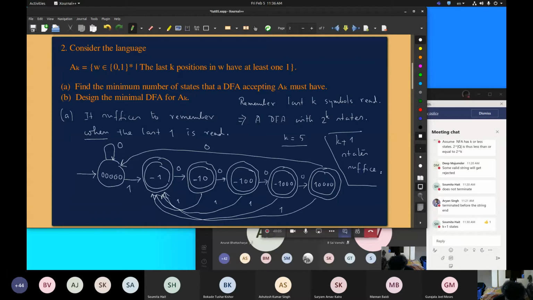So you have to additionally argue that this is actually a minimal DFA, which means that you cannot reduce the number of states beyond k plus 1 to something smaller than k plus 1. Now, what kind of logic will you give for that?